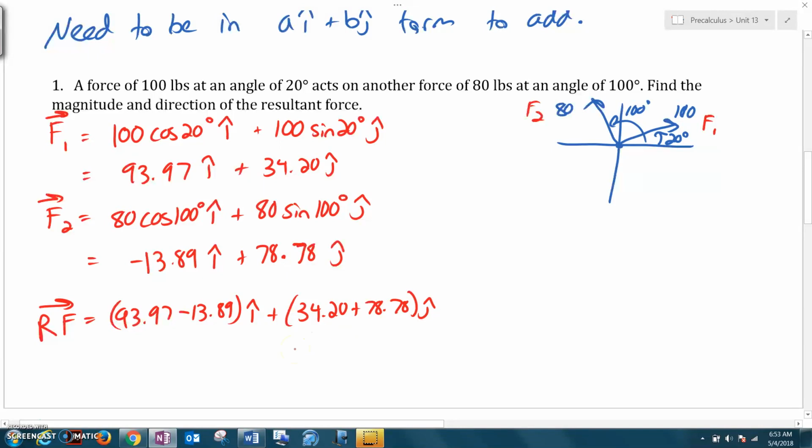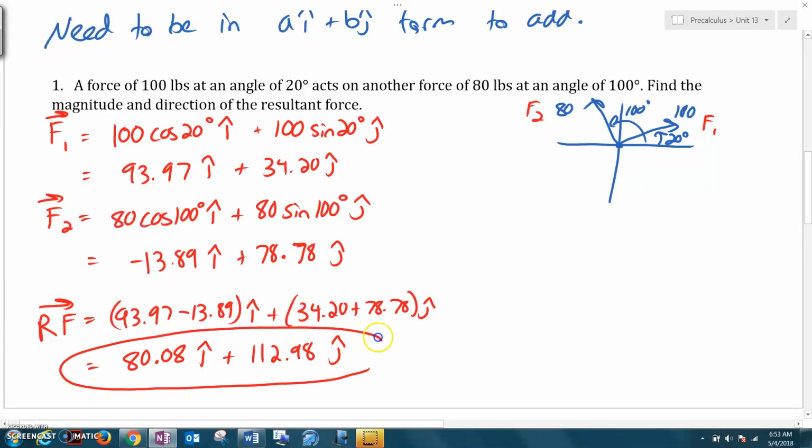So when you do that, and you type it in, you get that the resultant force vector is 80.08 in the I direction, plus, and then you type it in again, 112.98 in the J direction. So this is the resultant force vector.